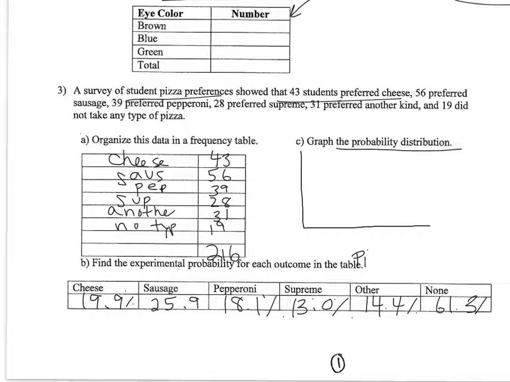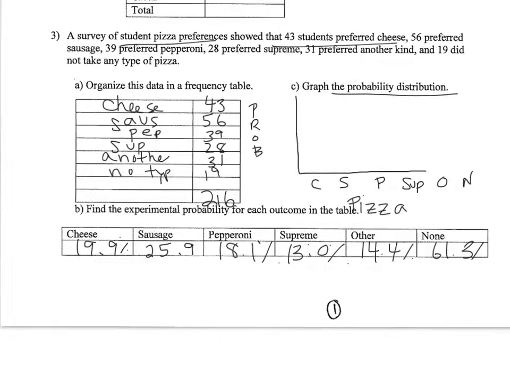So I'll put pizza preference down here. And then I'm going to put cheese, sausage, pepperoni, supreme, other, and none. And then up and down, this is going to be your probability. So your probability is based on the different probabilities that you have right here.